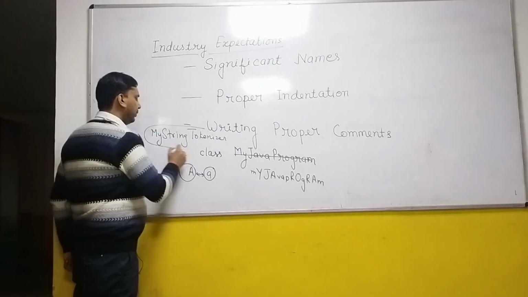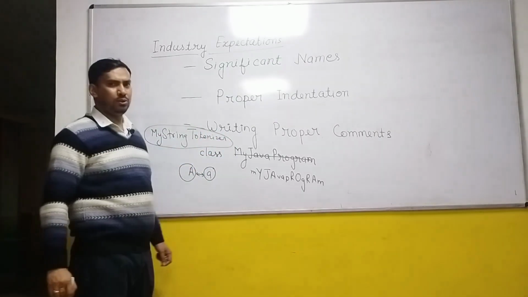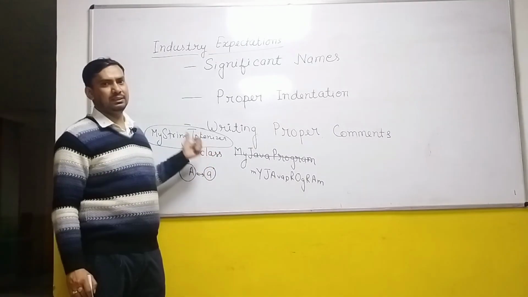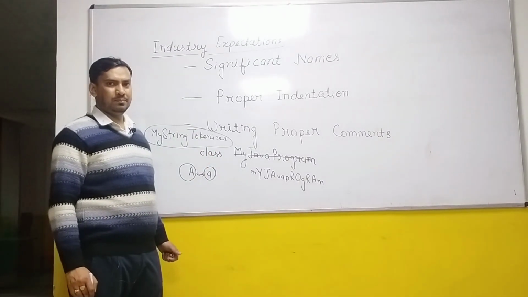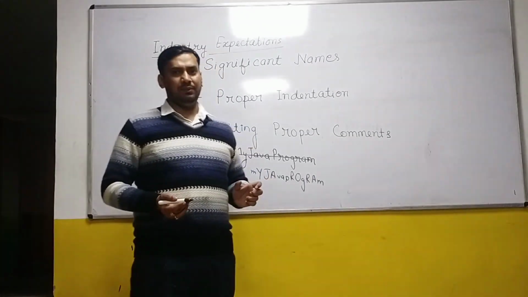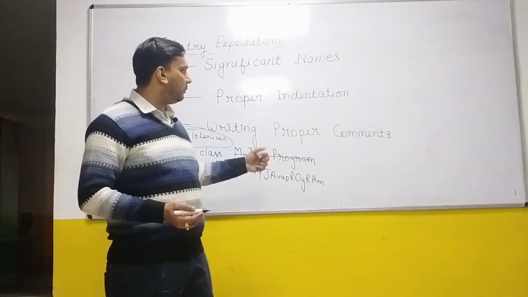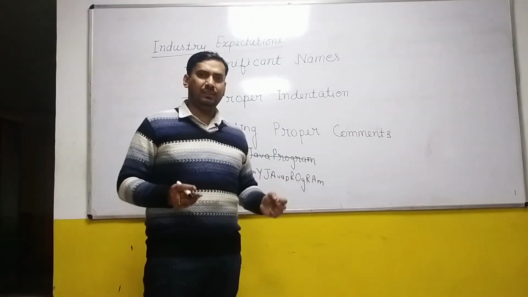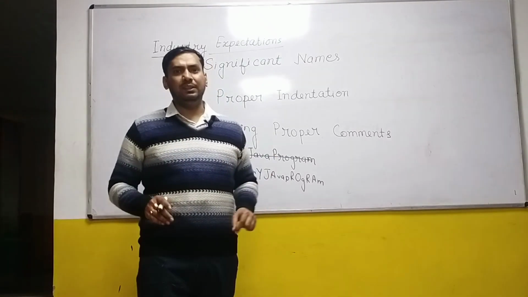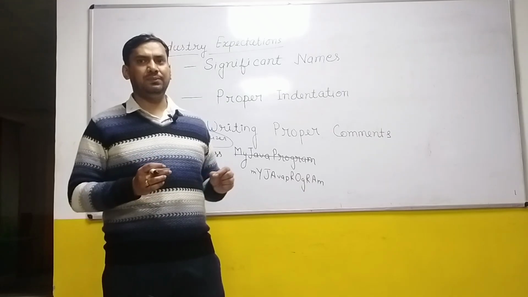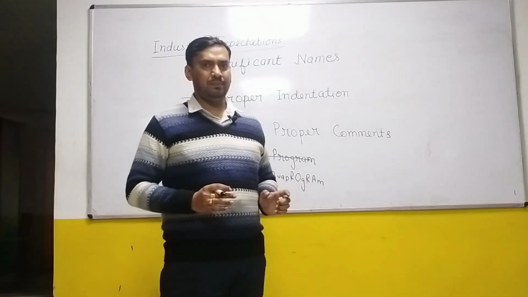I need not ask you, I need not refer to it, I need not Google it out, which is the uppercase character and which is the lowercase character. Right? So this is the importance of naming convention. So let us understand what are the different naming conventions. As I told you, for the classes, interfaces and enums, the naming convention says to capitalize each word, means every word's first letter is capital.